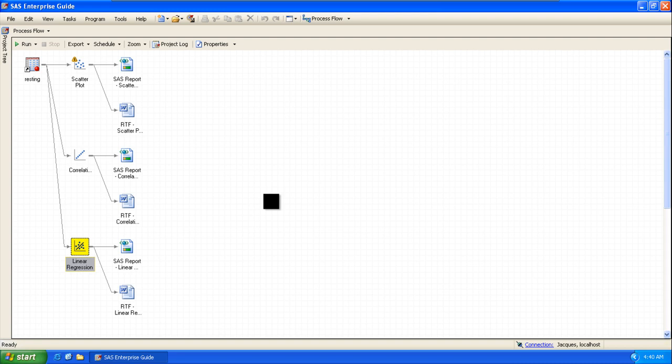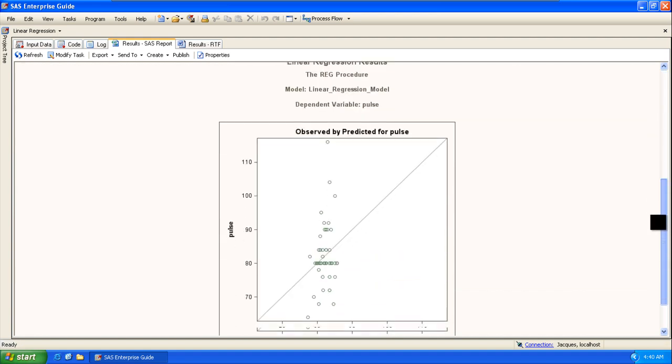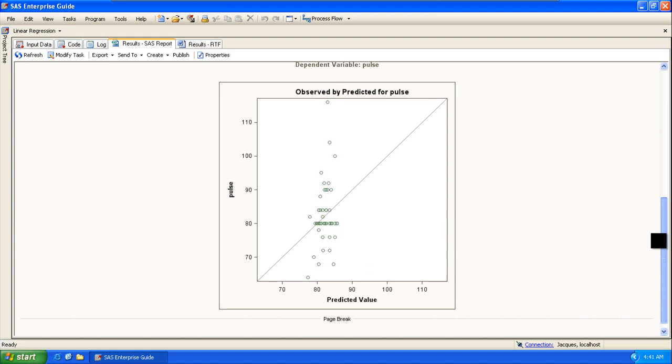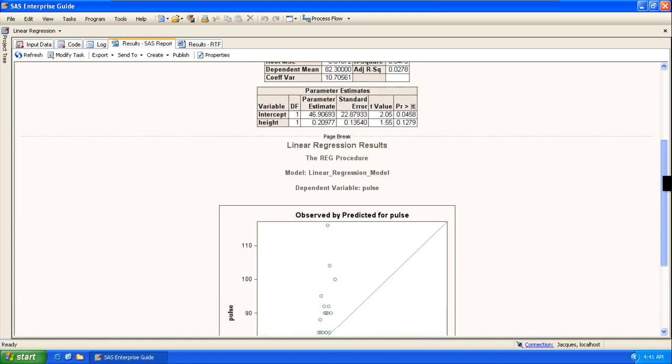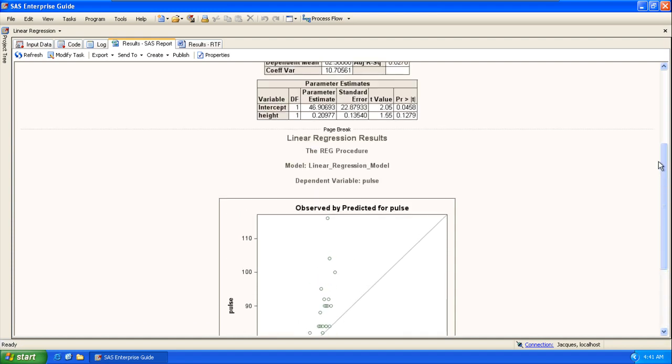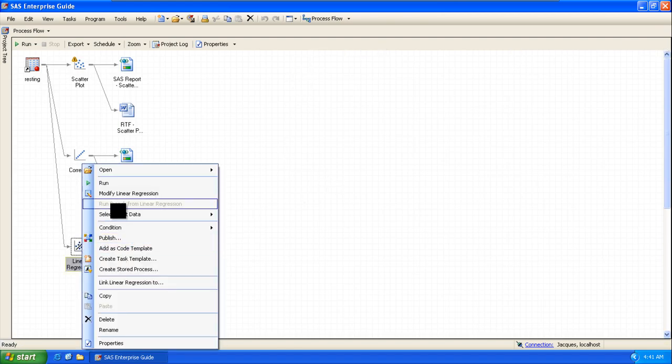Now it's running. So here is the graph, and just select one more thing. Go to modify, linear relationship.